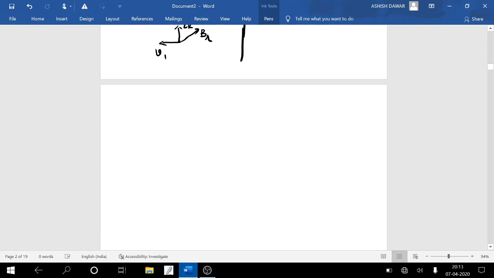So the incident wave equation can be written as, the tilde symbol, as we discussed earlier, represents a complex function.